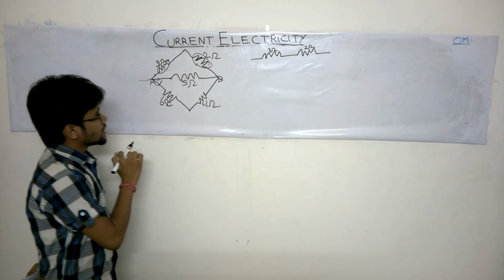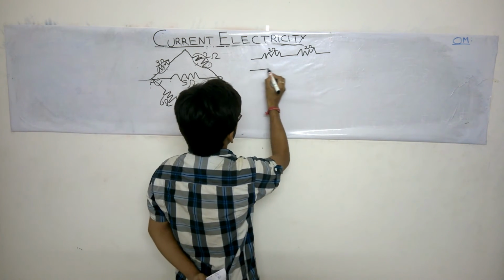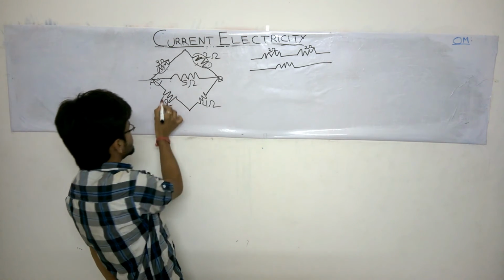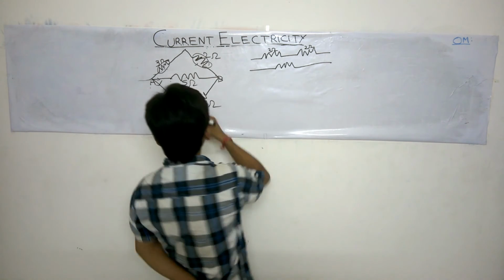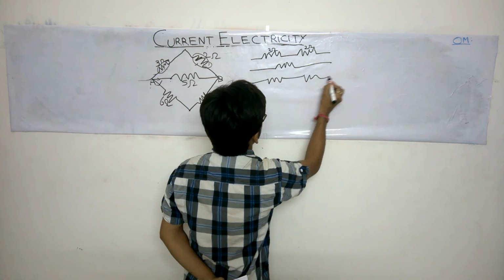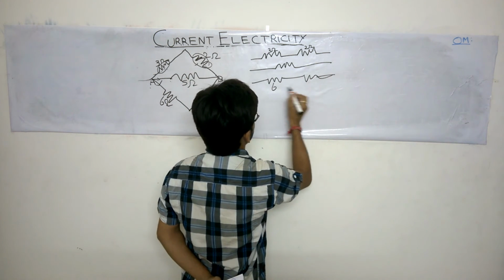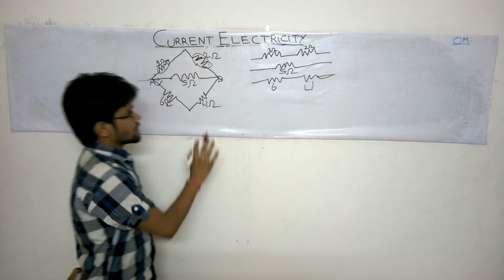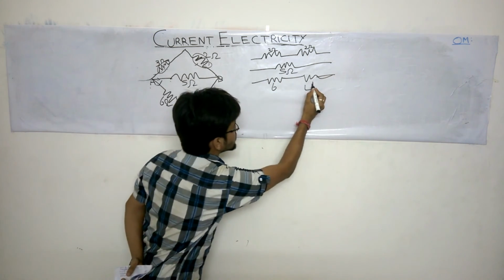So now what can we comment here? We have a 5 ohm resistor here, and we have these two resistors. Since they are in series, if we open the circuit, we can write this as 6 and 4 ohms. This is 5 ohms. So now I think the diagram is much easier for you.